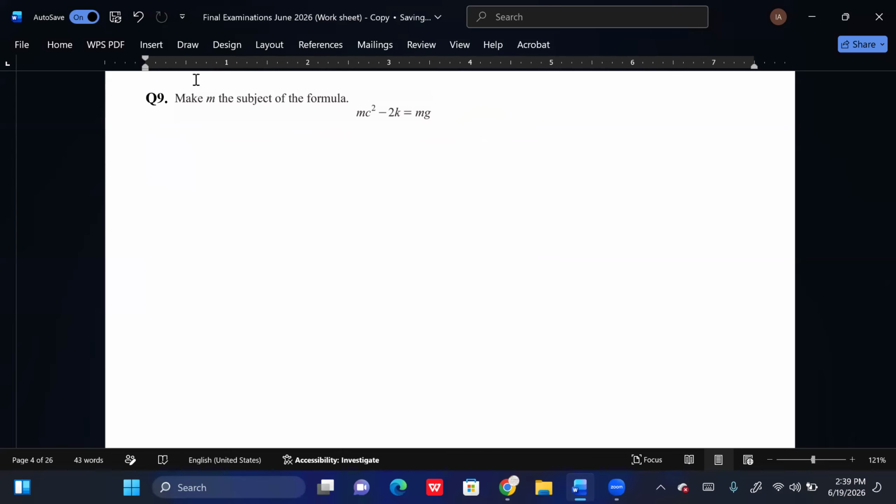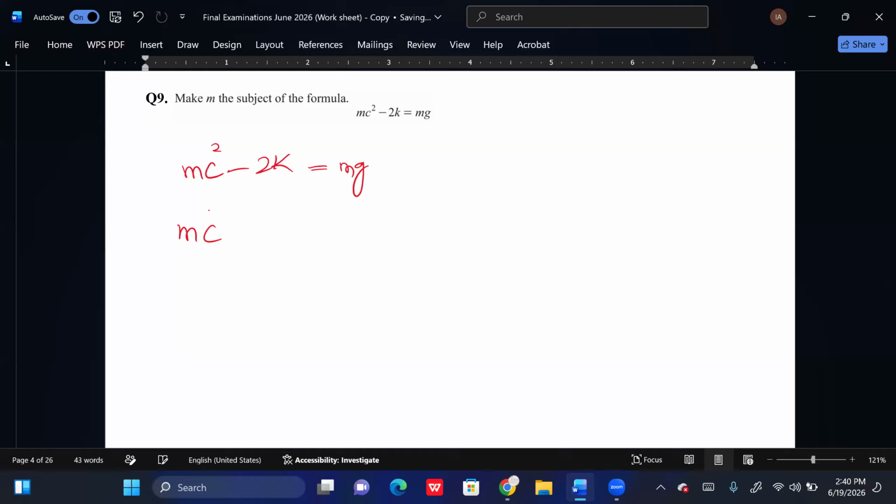Yes. Let's make m the subject. But the problem is, I can see a term involving m on the left hand side as well as on the right hand side. So we have to bring them on a single side, either left or right, it's up to you. So mc squared minus 2k equals mg.